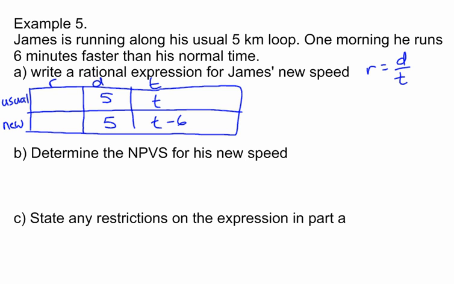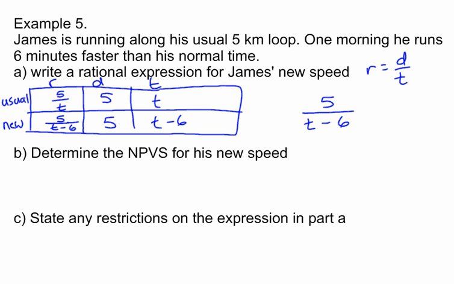And so his usual speed would have been his usual distance over his usual time. And now his new speed is his new same distance over t minus 6. So his speed now is 5 divided by t minus 6. These charts are really going to be helpful for speed, rate, time problems.